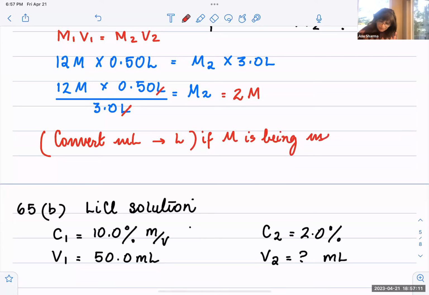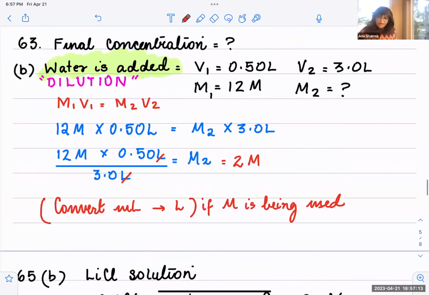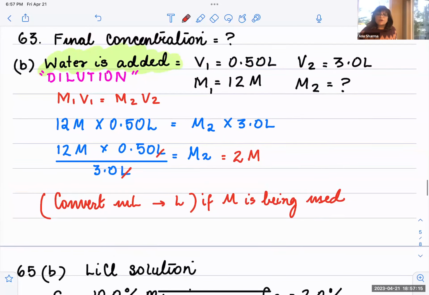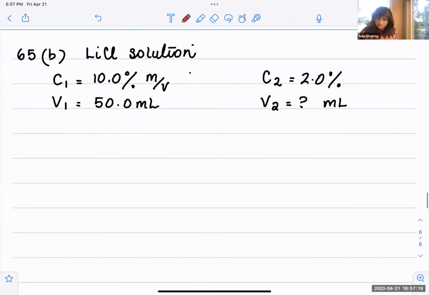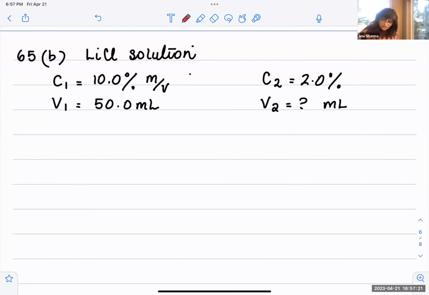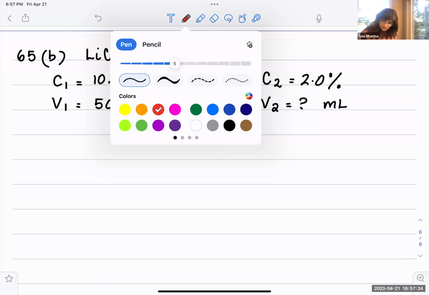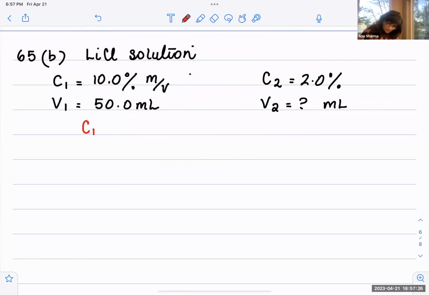In the first problem that we did, we used the formula M1V1, so we needed to have the volume in liters, because the molarity formula uses the volume in liters. But in this case, we will just keep it as it is. So here, what is the formula? C1V1 is equal to C2V2. V2 is what we need to find.